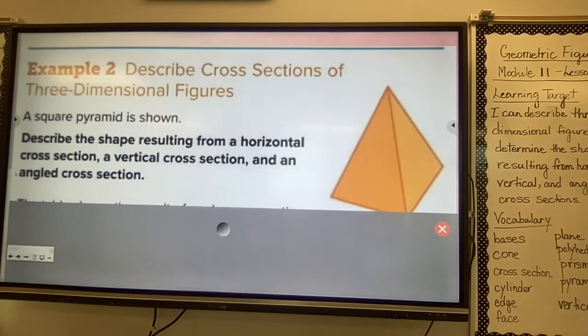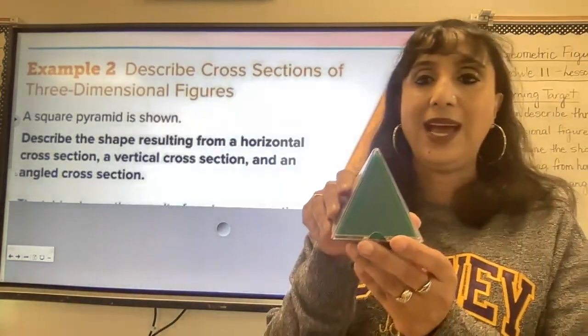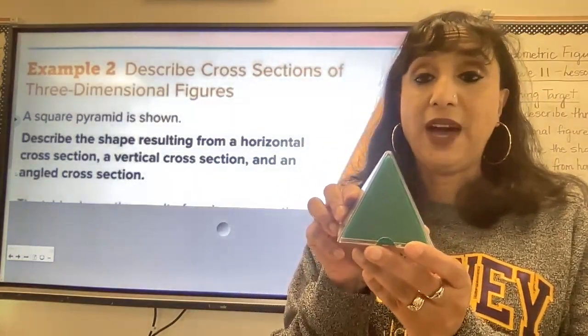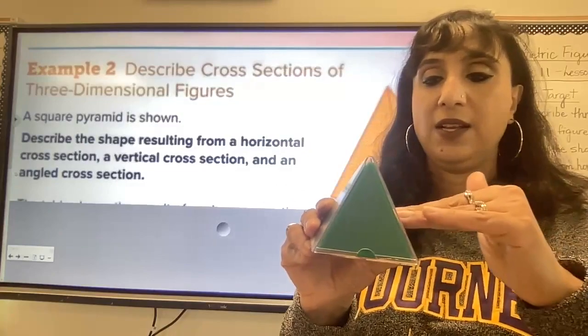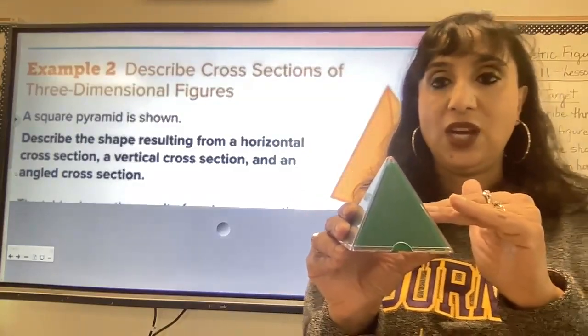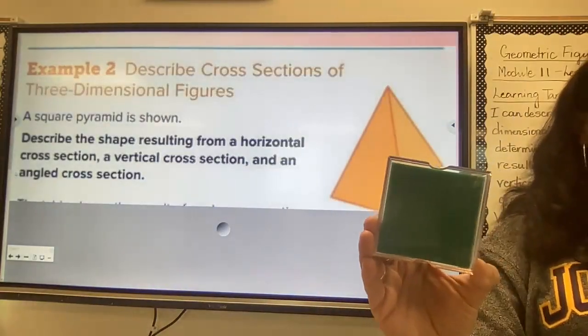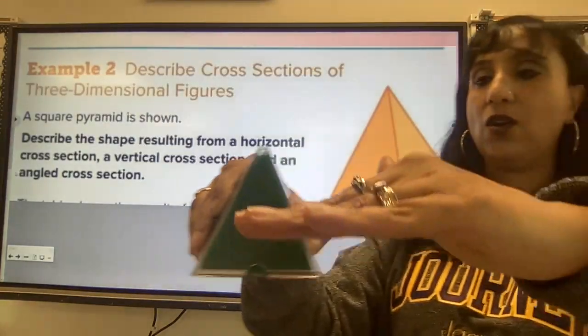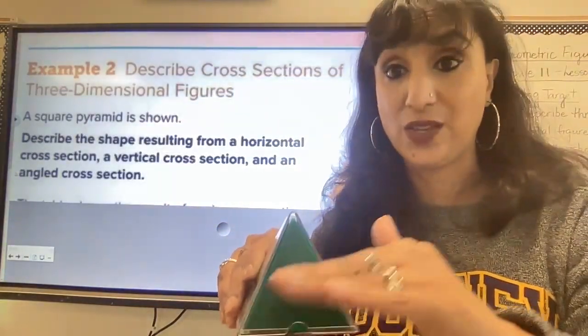Okay, so if I take this pyramid and I find the cross section horizontally. That means I just cut it across like this. So what am I going to get as the shape? So look over here. All right. So because of this, when I cut it horizontally and I do the cross section horizontally, I am going to get a square.